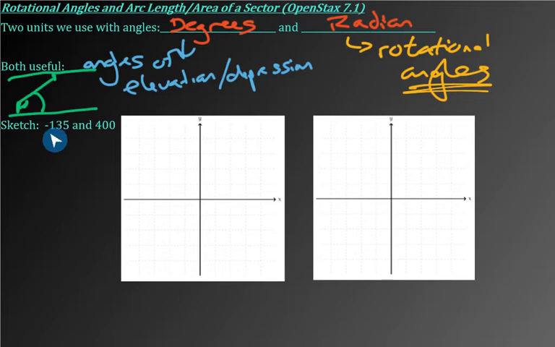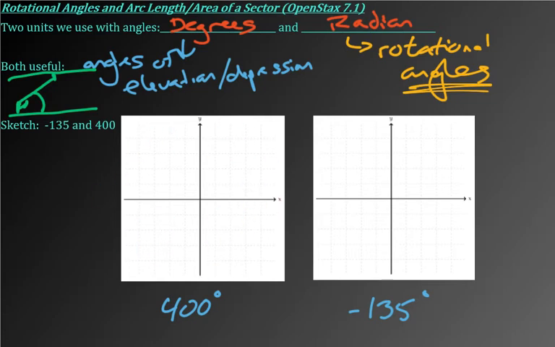So I'm going to sketch these 2 angles as rotational angles. Let's do the positive one first. I'm going to do 400 degrees here, and a negative 135 degrees here. When we talk about rotational angles, we're talking about problems in the XY plane where we're rotating around and around and around.